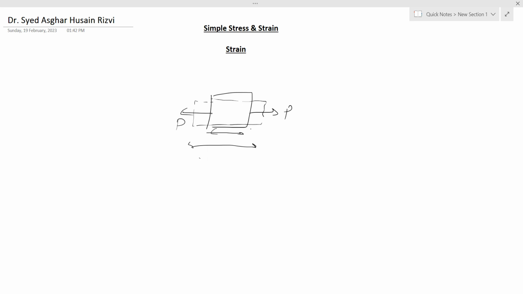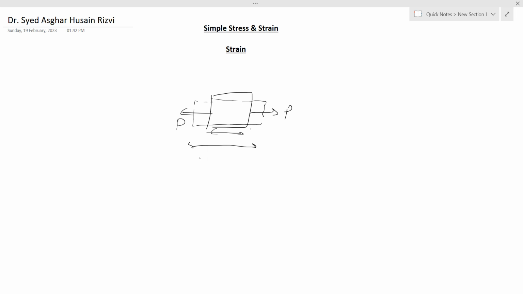The body initially changes its shape. So the concept is, first the strain is developed in the body and then the stress is developed inside the body to resist that deformation.